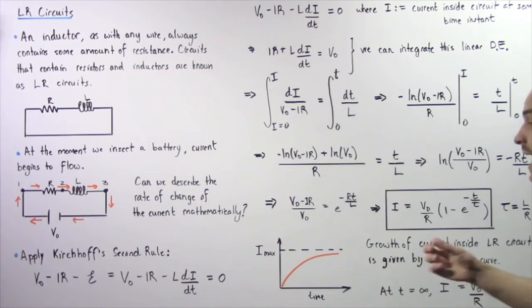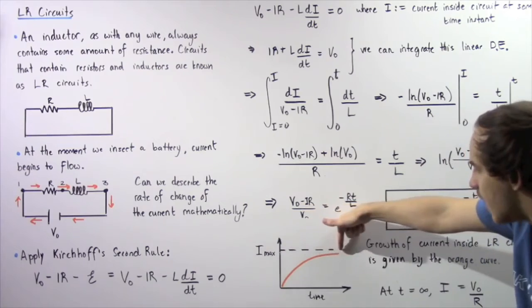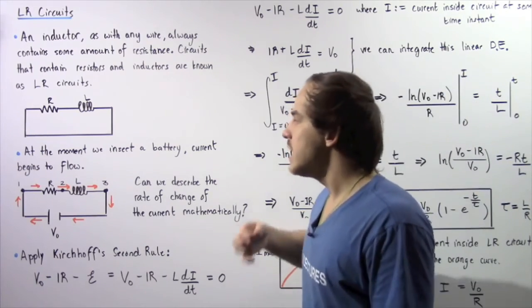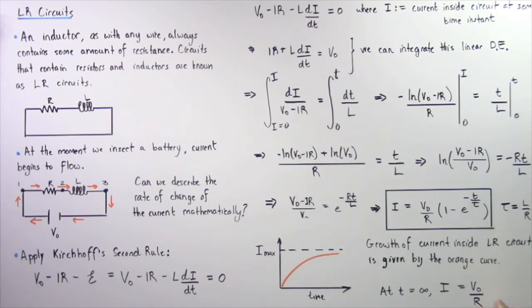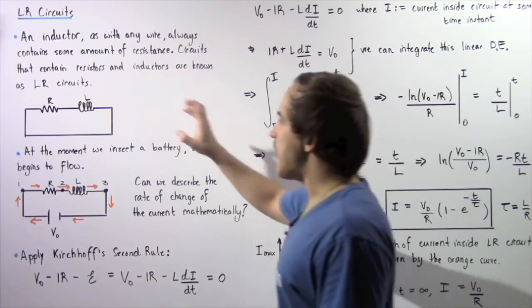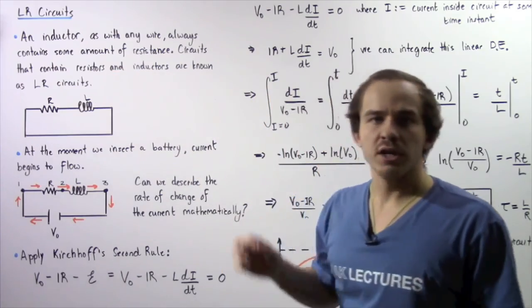At an infinitely large time, I reaches its maximum value equaling V0 divided by R, given by this line here. This line represents the maximum possible value that can be reached inside our electric circuit, where V0 is our voltage on the battery and R is the resistance found on our resistor, which includes the resistance of our inductor.